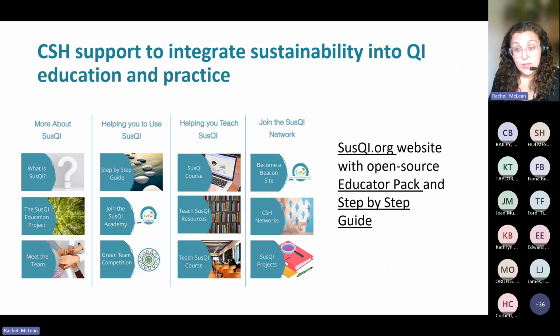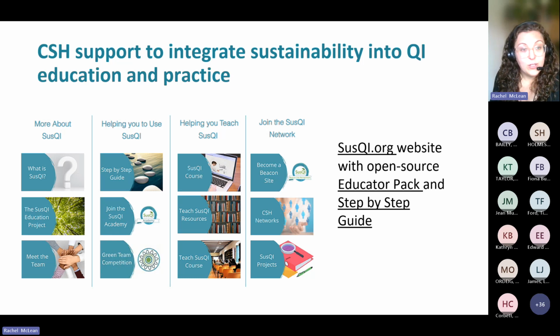If you're looking for support or want to think about your own SusQI projects, or actually want to share and teach about SusQI to others, we've got a lot of open access resources on our SusQI website. So you can see the Green Team competition, which is where these case studies come from. So there's a lot of case studies and information about the competition there.